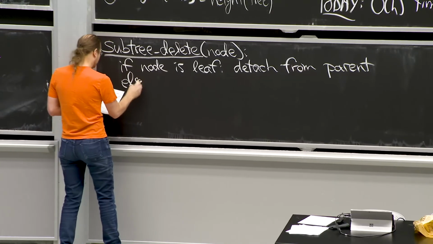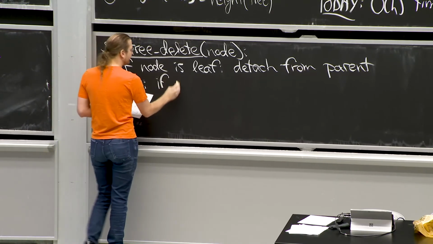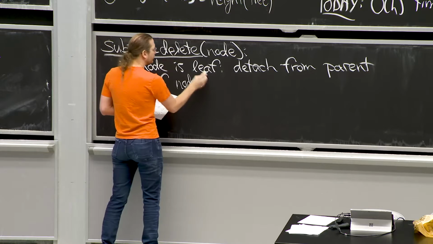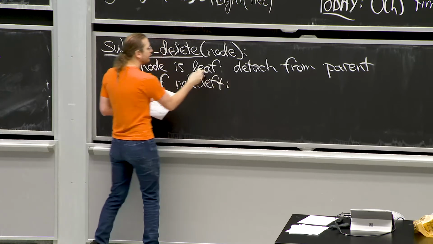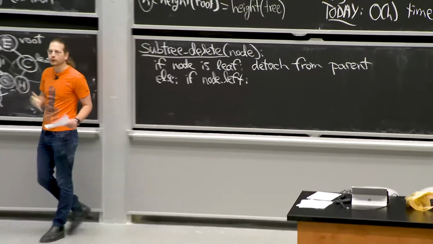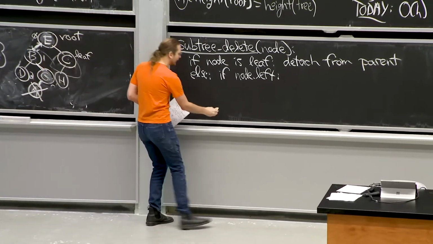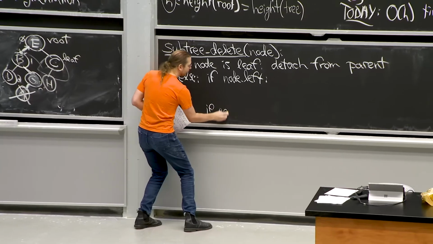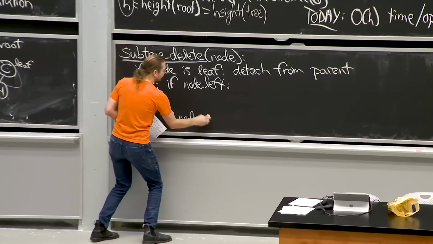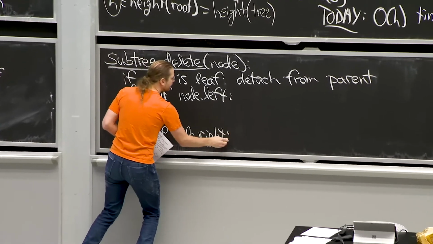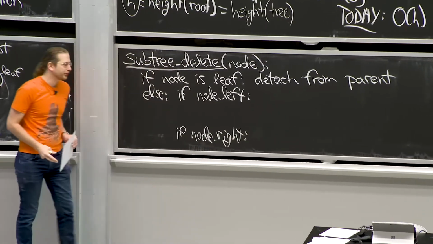Otherwise, there are two cases. If we're not a leaf, that means we have a left child or a right child or both. Both is going to be the easy case. But in general, I have either there's a left child or there's a right child. In either case, I'm going to be happy, so I don't need a both case.